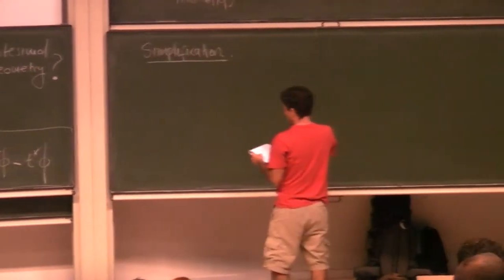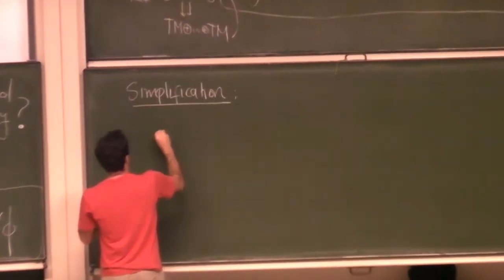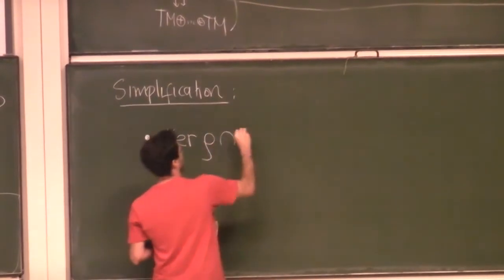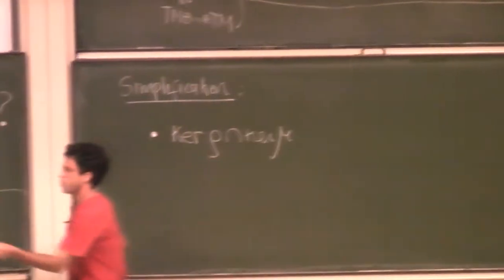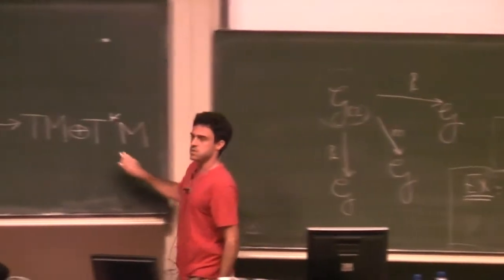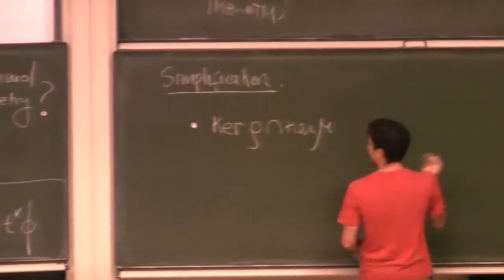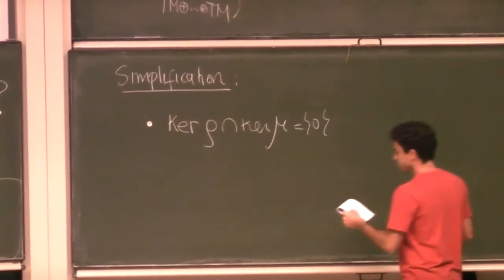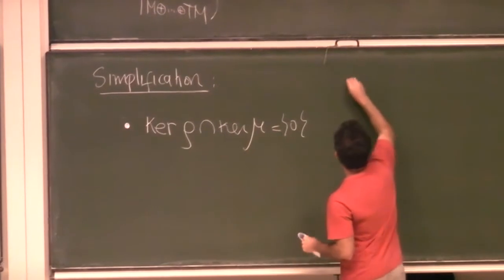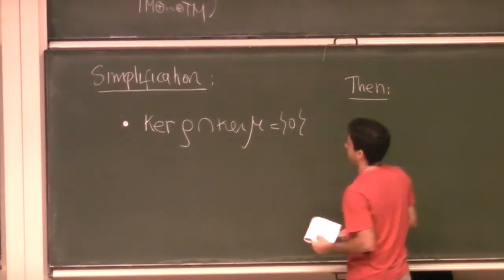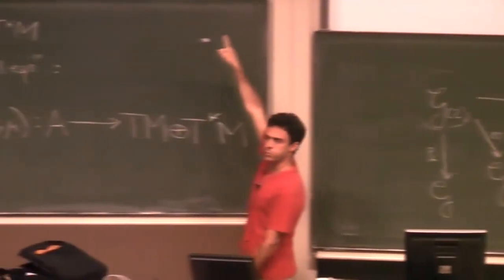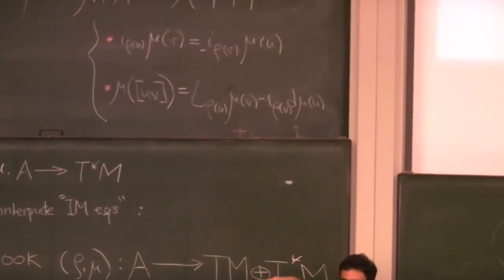Let's assume that the kernel of this combined map from A into T plus T star of M is 0. So that this is a faithful, some kind of embedding of A into T plus T star. So suppose that this is 0. Right? So if you assume this, then just because A is isomorphic to its image inside T plus T star, you can really reinterpret these equations now in terms of the image completely.